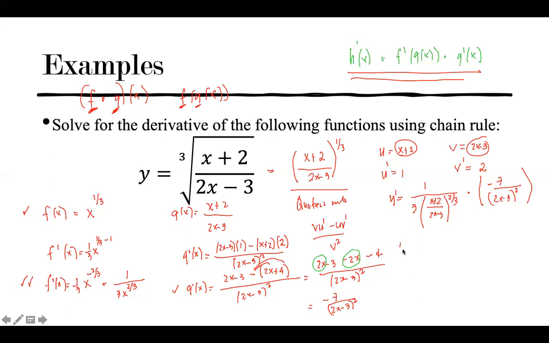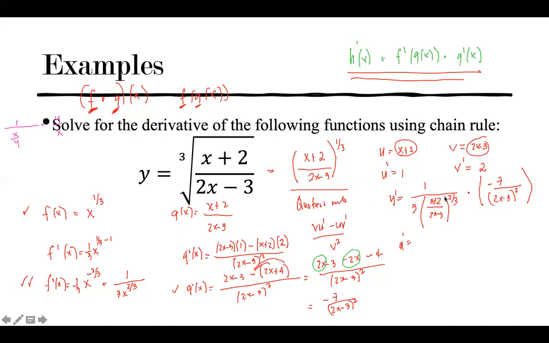Because this is in the denominator, I think you'll agree with me that we can just reciprocate it, right? For example, if we have 1 all over x over y, technically that will be y over x, right? We can reciprocate it.